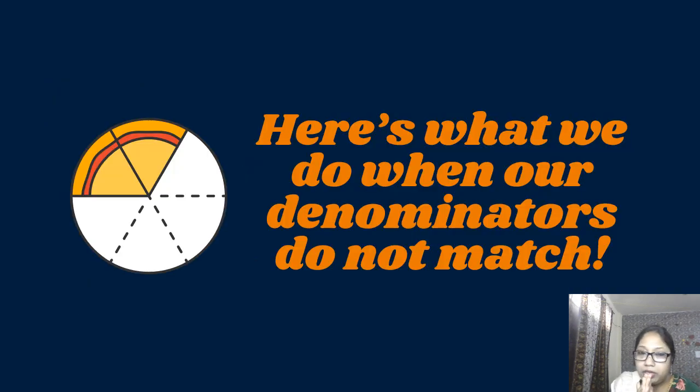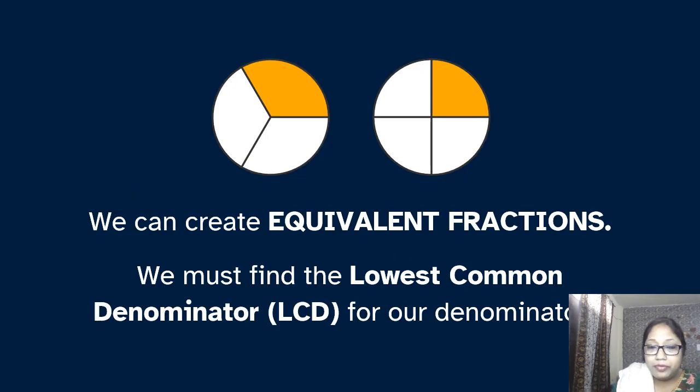Now we will learn when the denominators are not the same, when we have unlike fractions. Now we will learn the addition of unlike fractions.